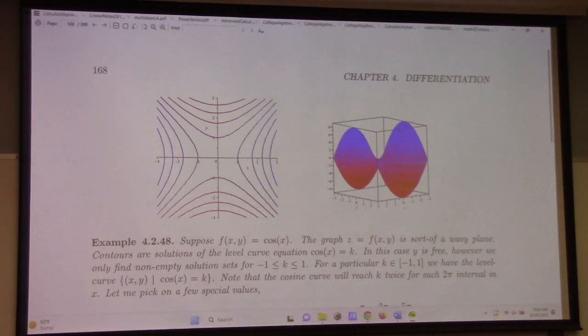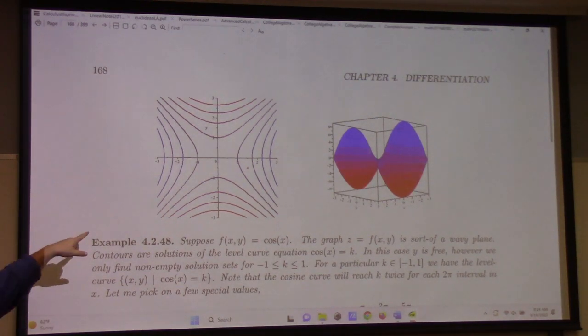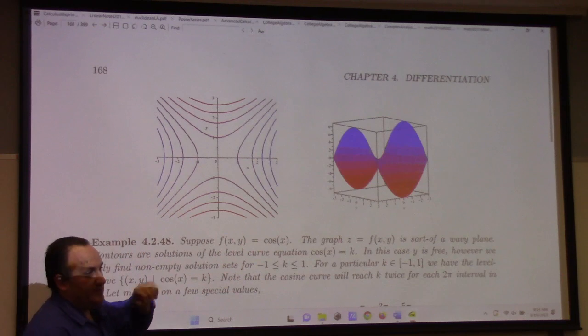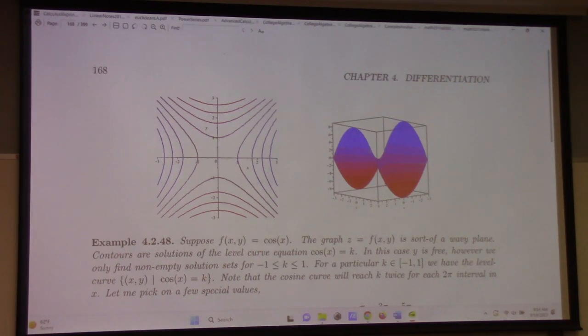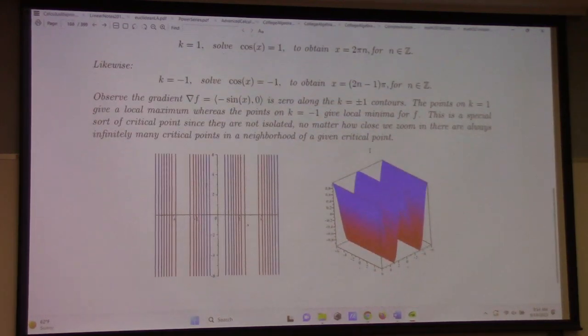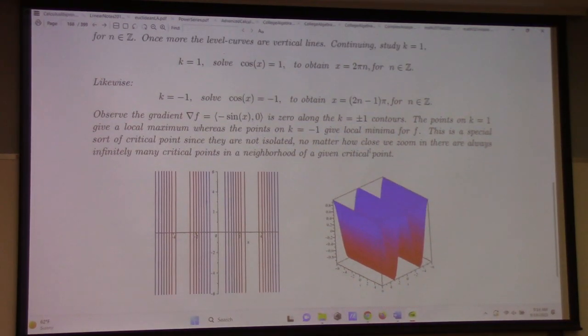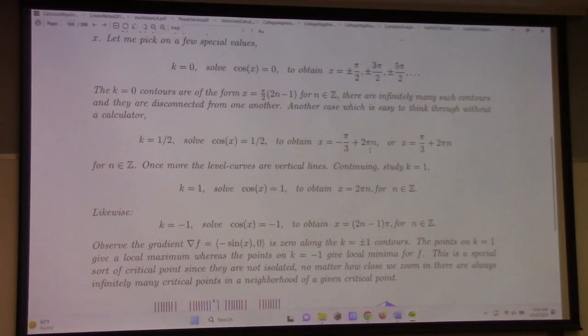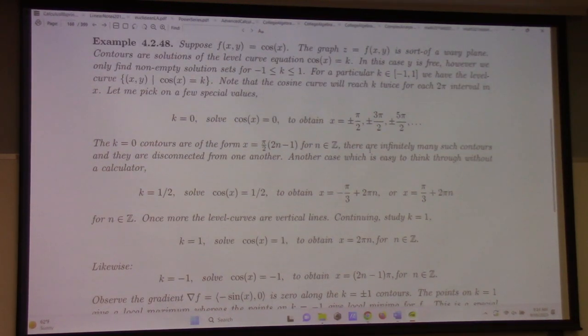Here, it's kind of hard to see, but this is the x squared minus y squared contour plot. There's that saddle surface I was talking about in 3 dimensions. Here's a funnier one. This one, we're looking at f of x, y equal to cosine x. So it's the same for all y, right? That means whatever the graph of this looks like, it's just repeated over and over and over again.